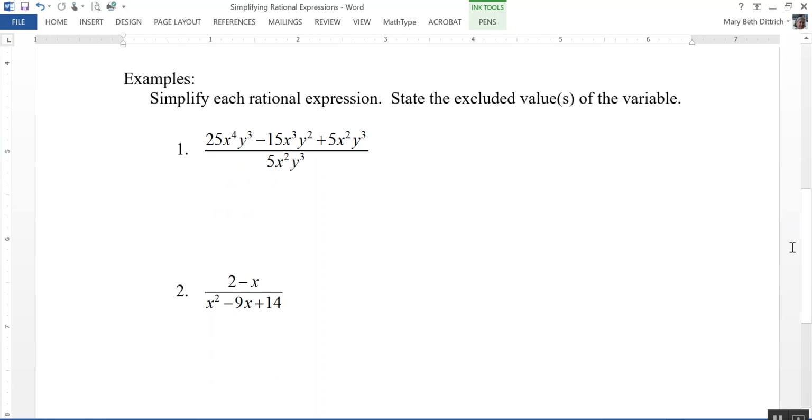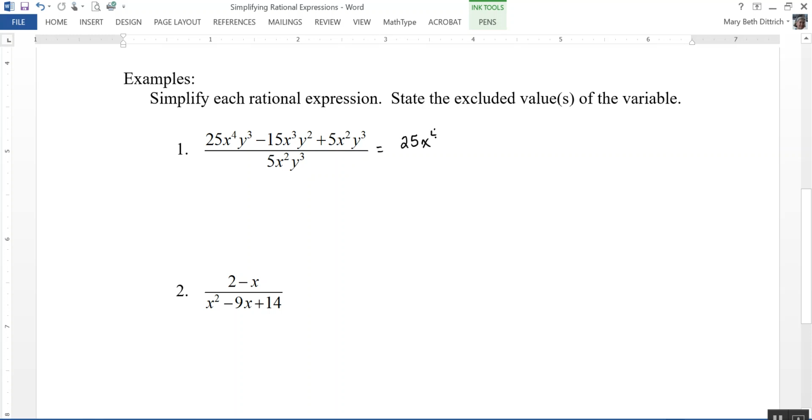So the first one is a polynomial 25x to the fourth y to the third minus 15x to the third y squared plus 5x squared y to the third, all divided by 5x squared y to the third. Notice that my denominator is not a polynomial, it's actually just a monomial. So the easiest way to do this is to write this as 3 fractions.